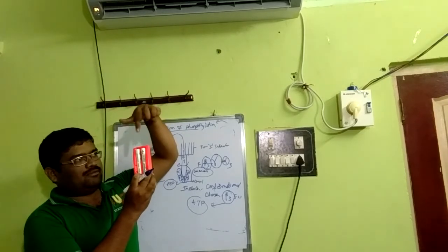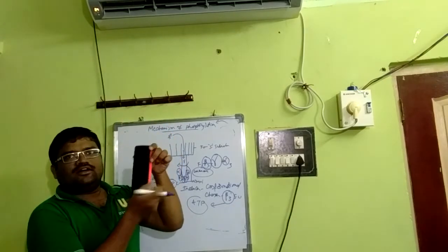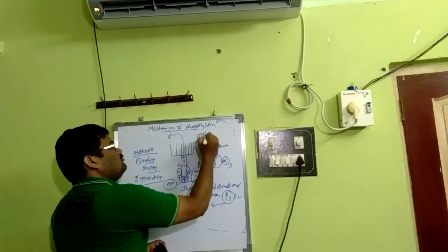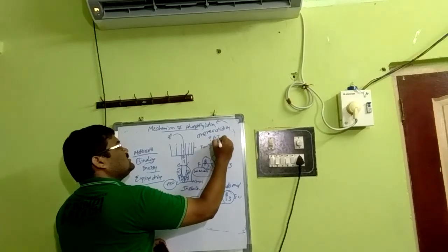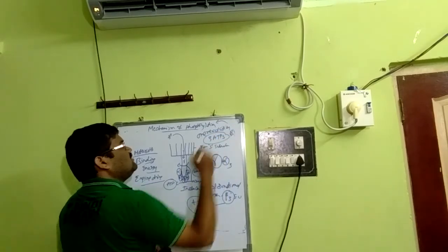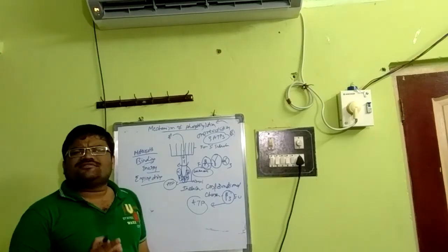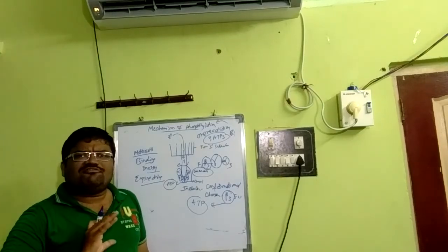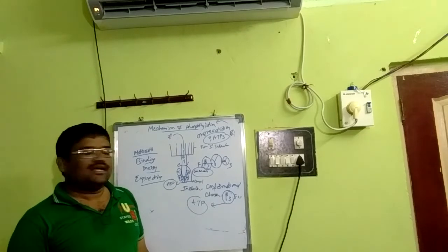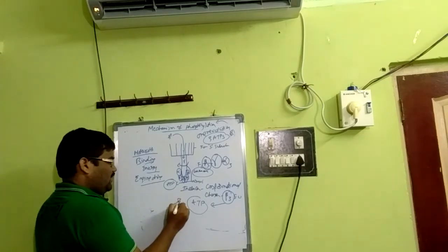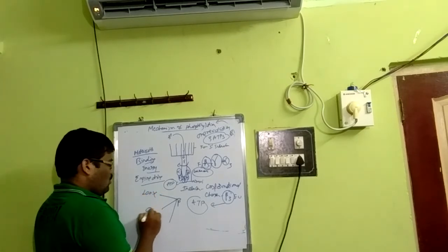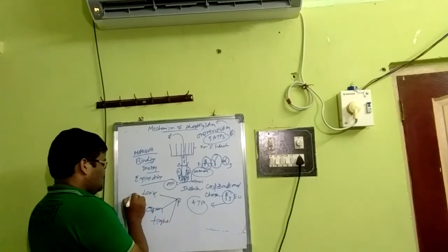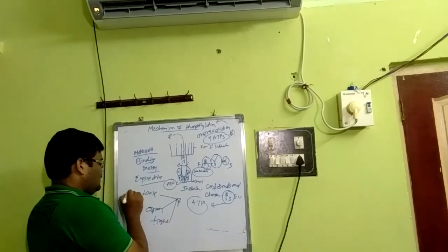When protons enter here, it will rotate. For one revolution, 3 ATPs are synthesized. This is very important. How? Because of induction of structural conformational changes of the beta 3 subunit. Actually, we have to magnify this beta part. It consists of 3 ends: loose, open, and tight conformation. For example, this is gamma. I will tell you a simple way.